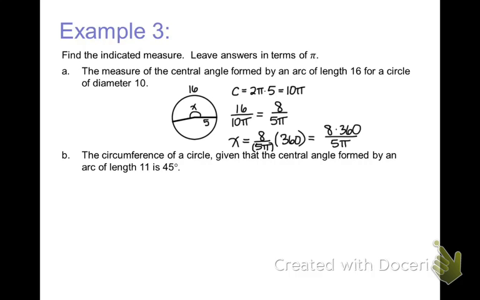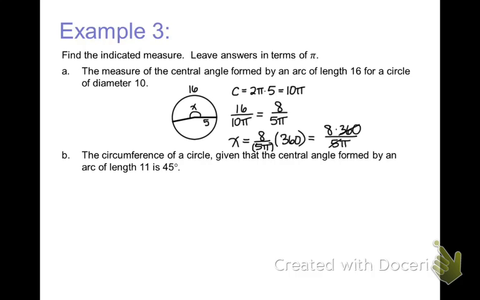So what I want to do is reduce any numbers I can. Does this 5 on the bottom, can I simplify it with either of these numbers up here? The 360. So how many times does 5 go into 360? And you can just divide it out on your calculator if you don't know off the top of your head.